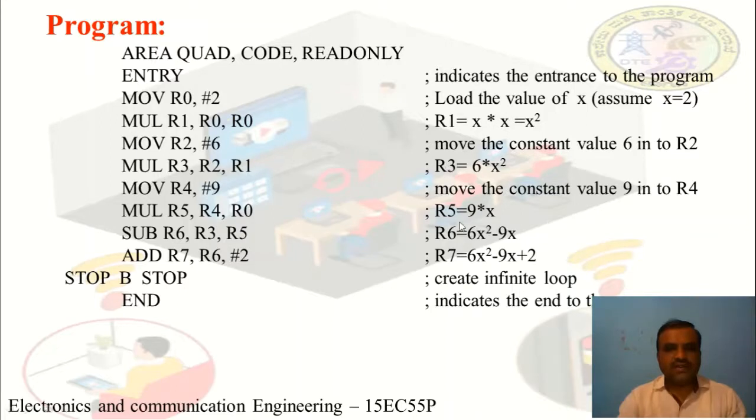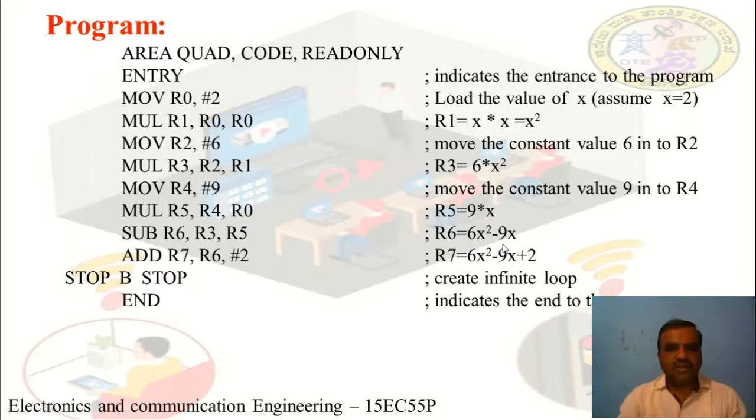So we have to subtract R5 from R3. For that purpose I have used SUB instruction, SUB R6, R3, R5. Now 9x is subtracted from 6x square and the result is stored in R6. Now R6 contains 6x square minus 9x.